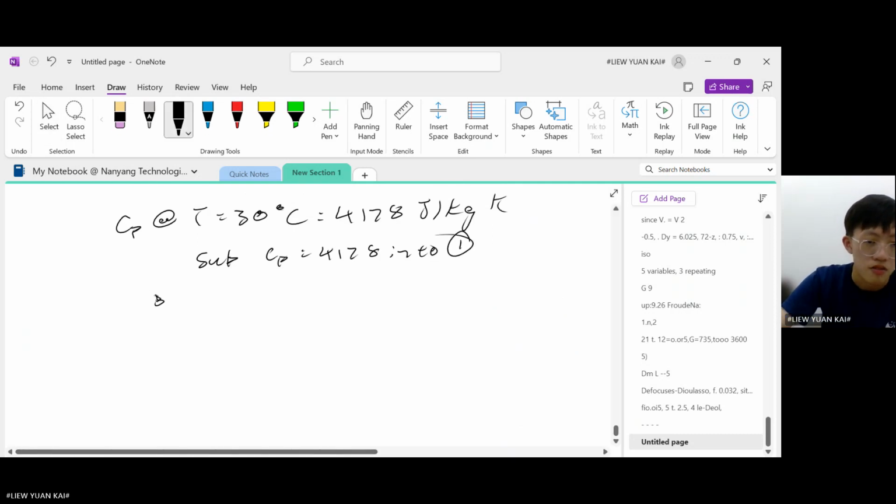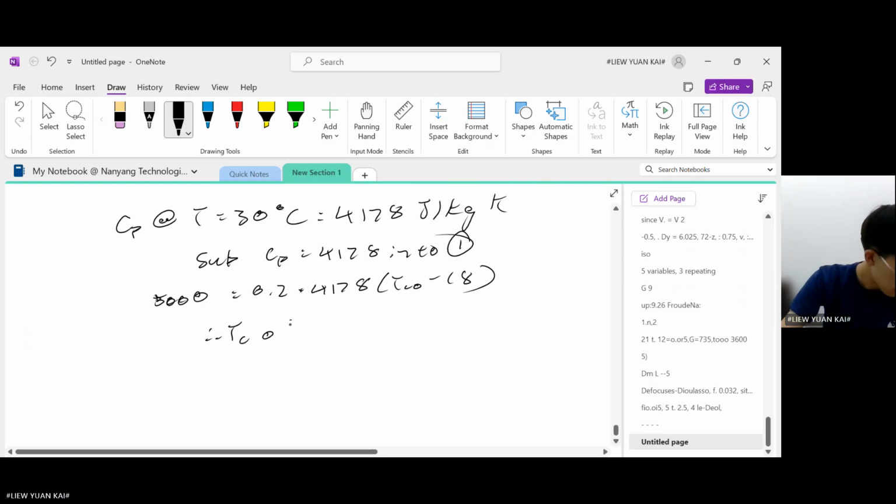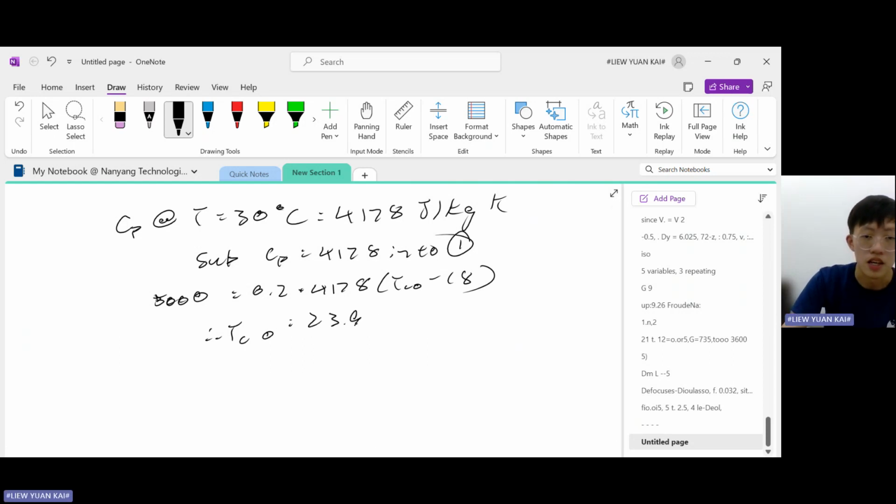So you get 5,000 equals 0.2 times 4178 times (TCO minus 18). You calculate TCO, you get 23.98.